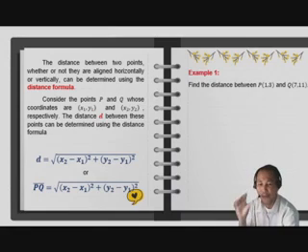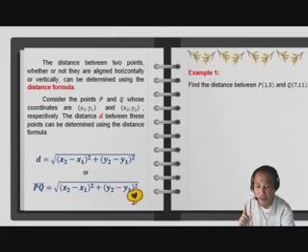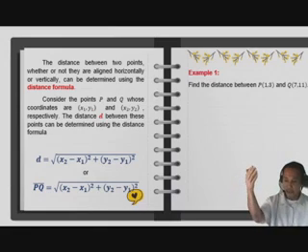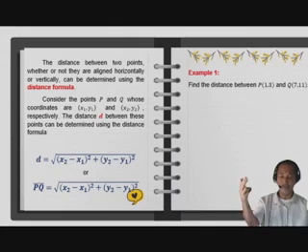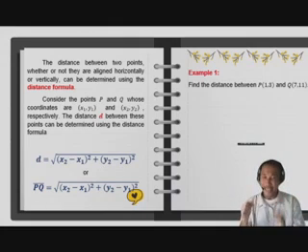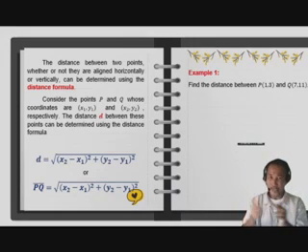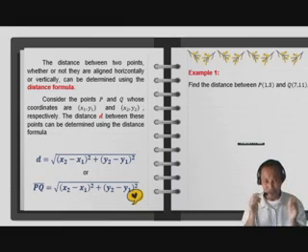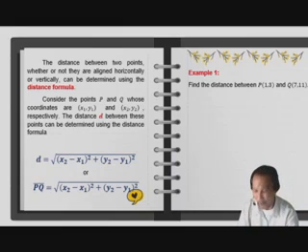Let's say, for example, we have this. Example 1. Find the distance between points 1, 3, and 7, 11. So, meron tayong point 1, point 2. Tatandaan nyo, meron tayong dalawang points. So, magkakaroon tayo ng sub 1, sub 2 para sa x and y.